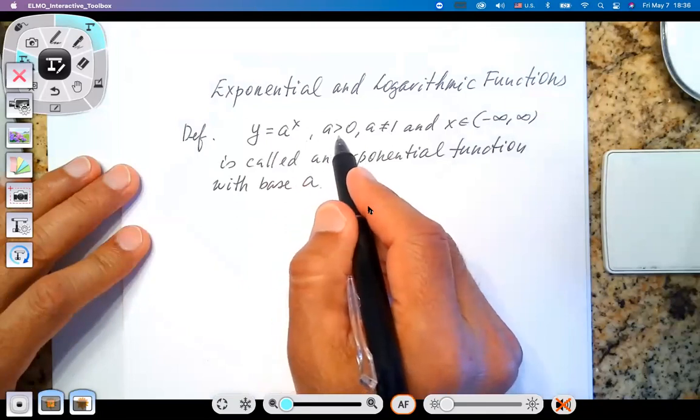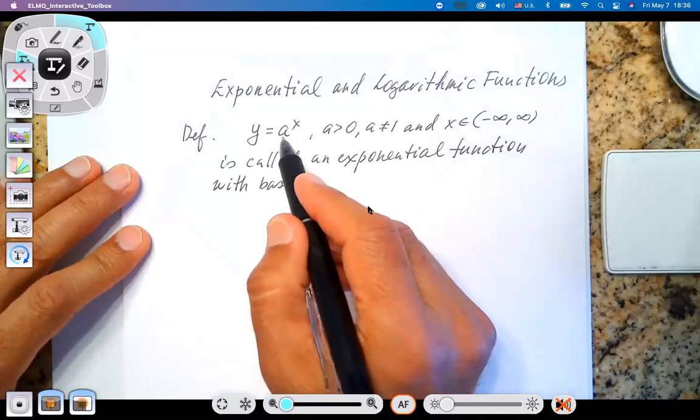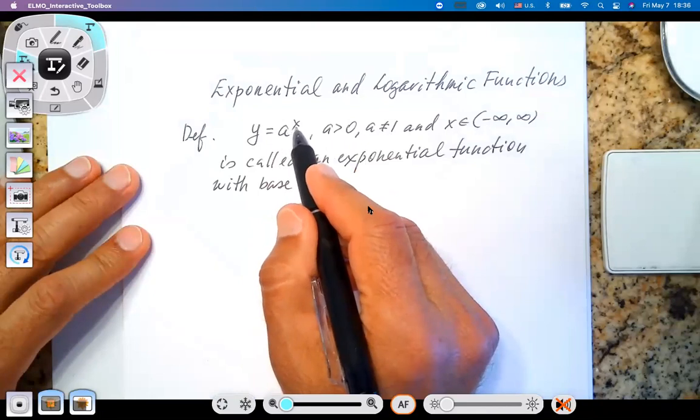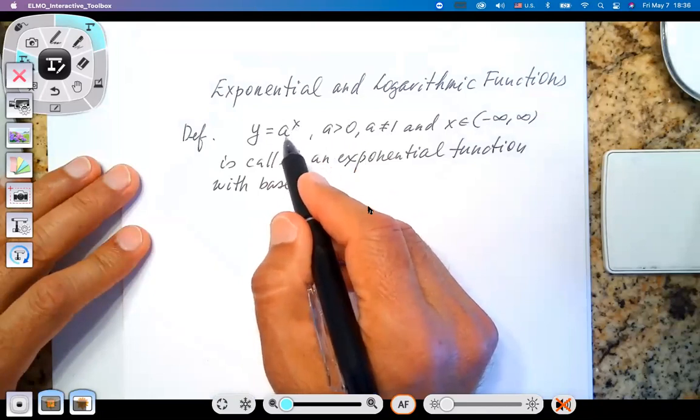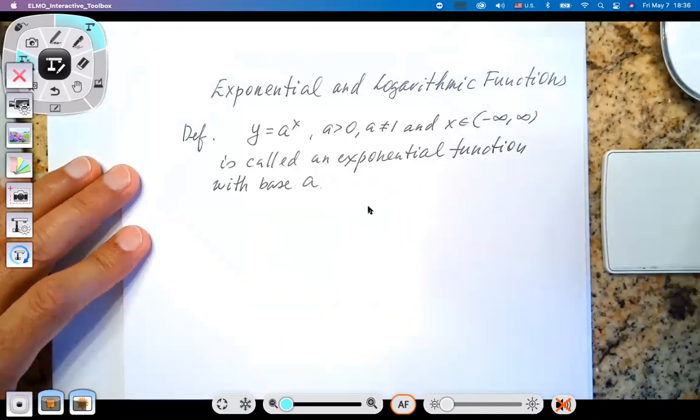If a is negative, then, for example, negative 1 to the power x, any 1/2 will be an imaginary number. So we would like to avoid those complex numbers.